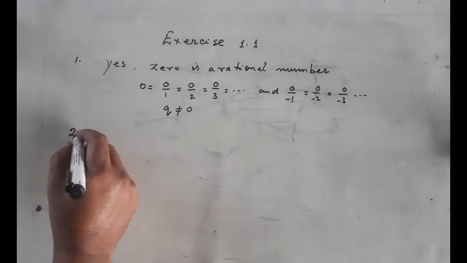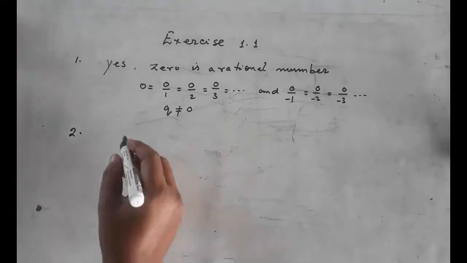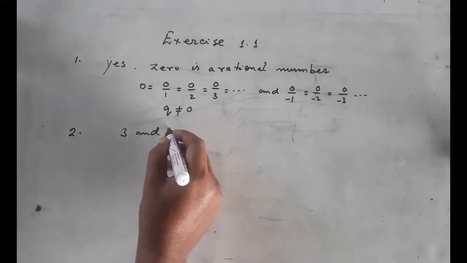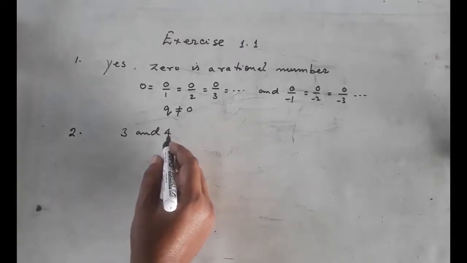Your second question is: find 6 rational numbers between 3 and 4. We will discuss two methods. Your first number is 3 and your second is 4.